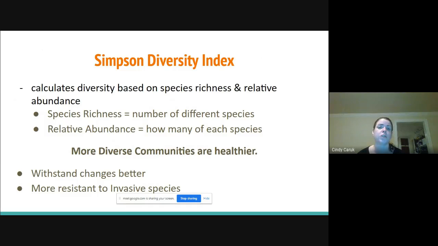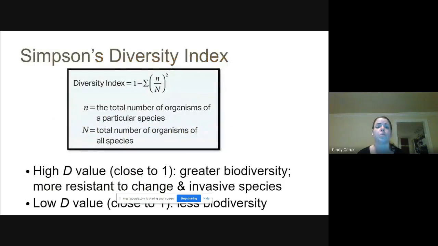So for instance, when chestnut trees were wiped out of most of our deciduous forests here, you had other trees that could take up that spot, like oak trees, and provide the food for the animals. So the community was able to withstand that change. We didn't have a collapse of that. And it makes it more resistant to invasive species, which we have been seeing increasing over time.